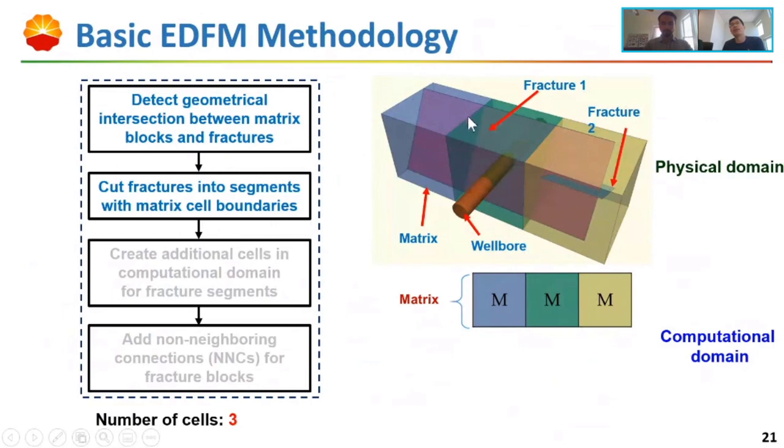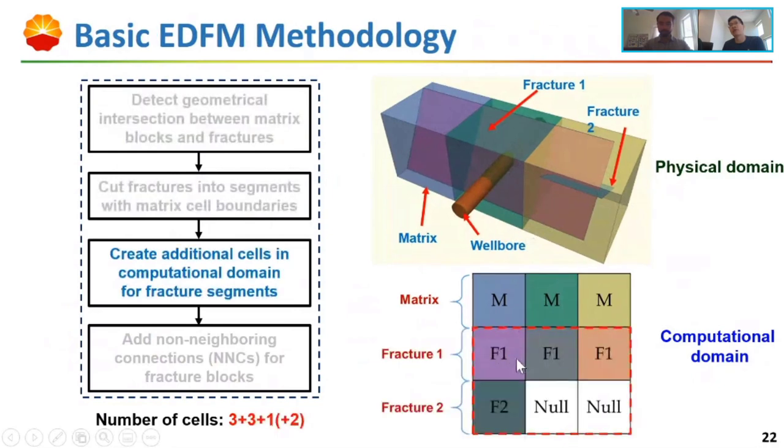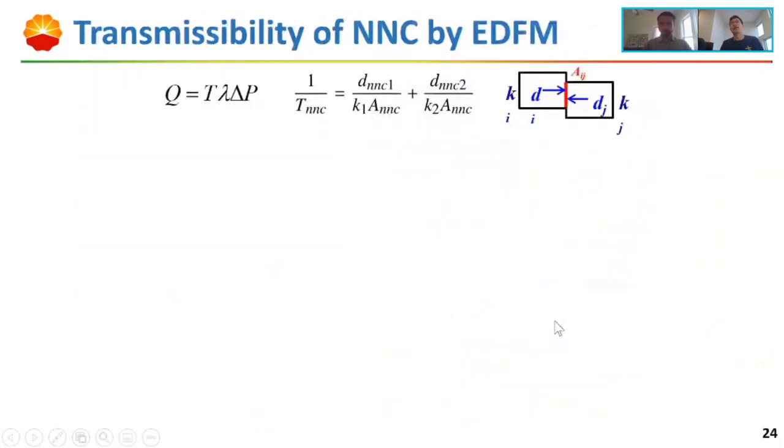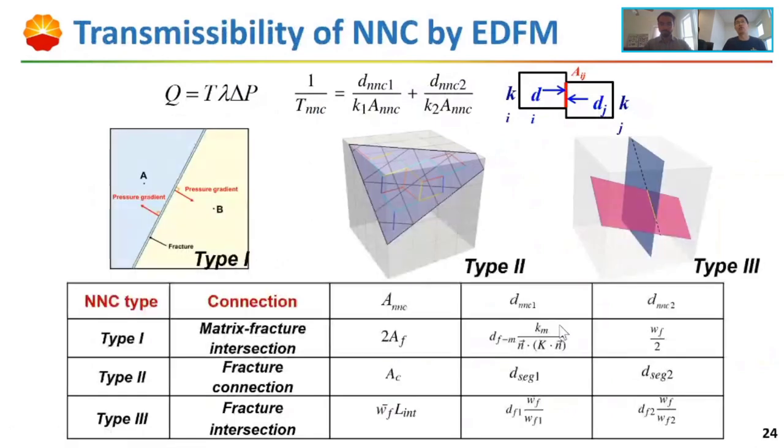We can see the large fracture has intersecting sections with 3 blocks. The second fracture has 1 intersection. Later on, we will create the fracture grids to represent each segment of the fractures. Then we will create the connections between matrix and fractures, fractures and fractures, even fractures and wells. The final step is to calculate the transmissibility between those intersections.